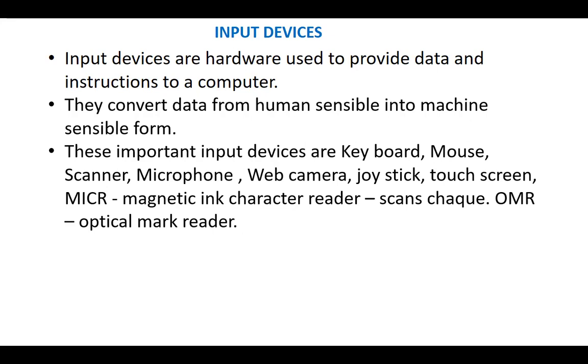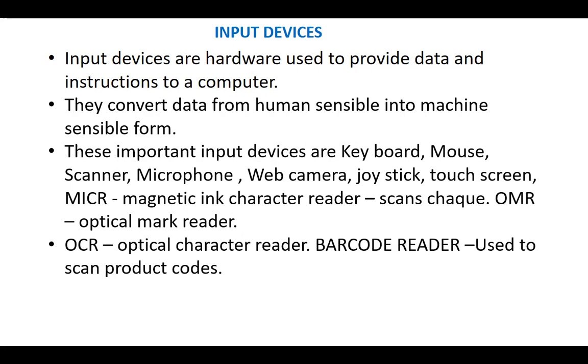Then we have OMR, which is the optical mark reader. We also have the OCR, which is the optical character reader. We also have the barcode readers, which are used to scan product codes. Yeah, so all these are examples of input devices.